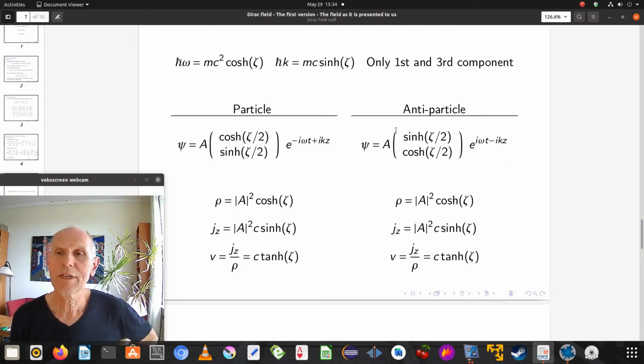But now we come to the antiparticle, and that's where the fun starts. First, the charge density. I haven't put Q on any of this. It's actually a mistake. It comes out larger than or equal to zero, non-negative.